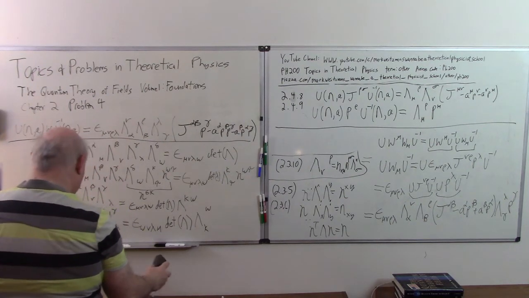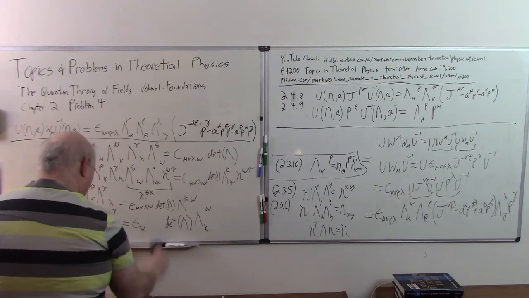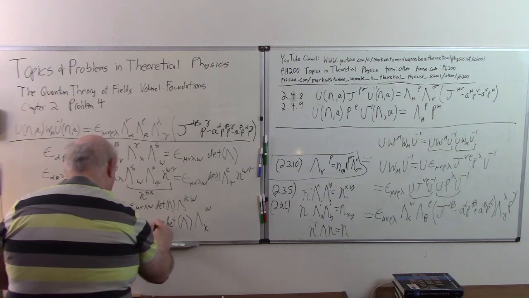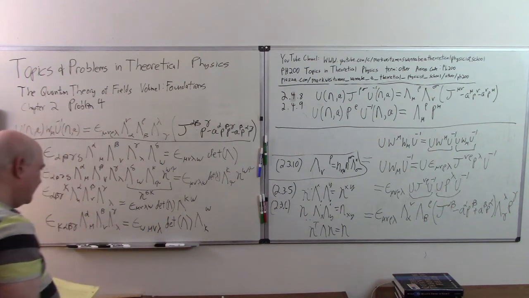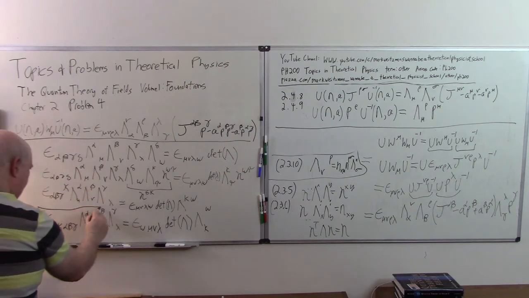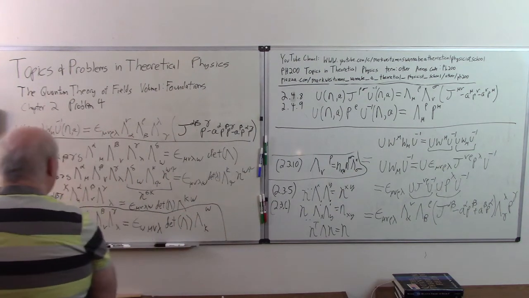Mu nu lambda. So this is the identity that I want.